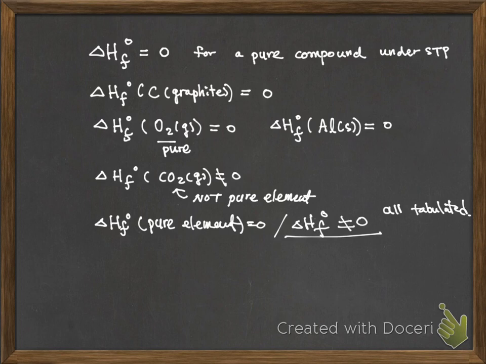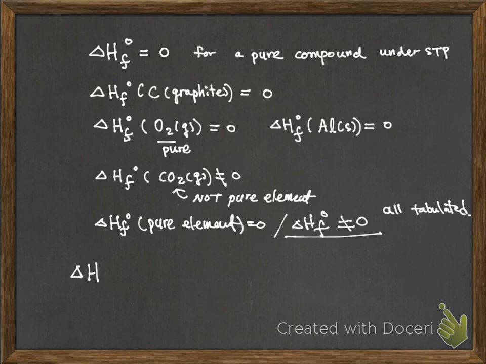So we can use this relationship to figure out the number for a reaction that involves a lot of products and reactants.